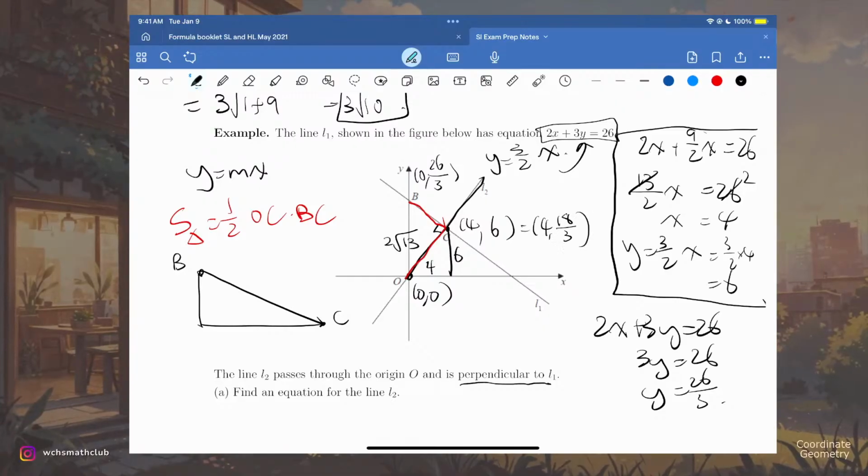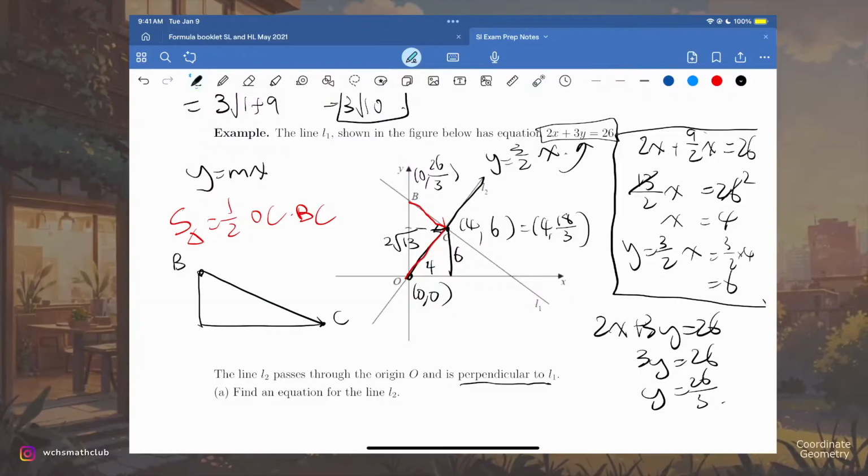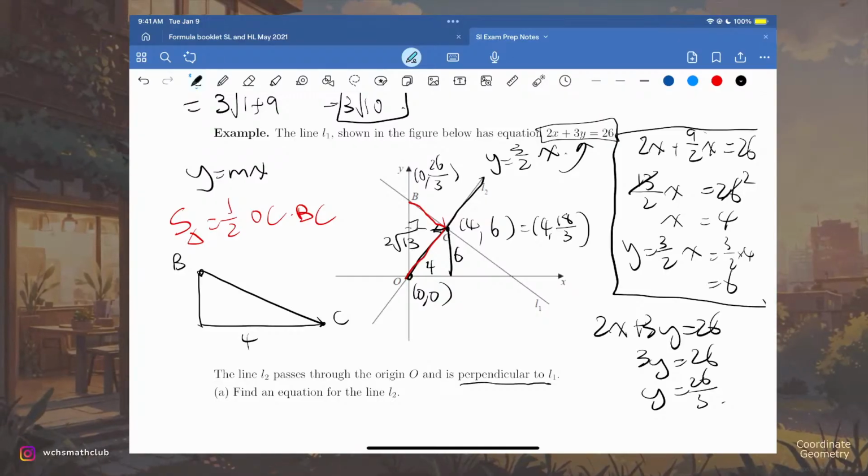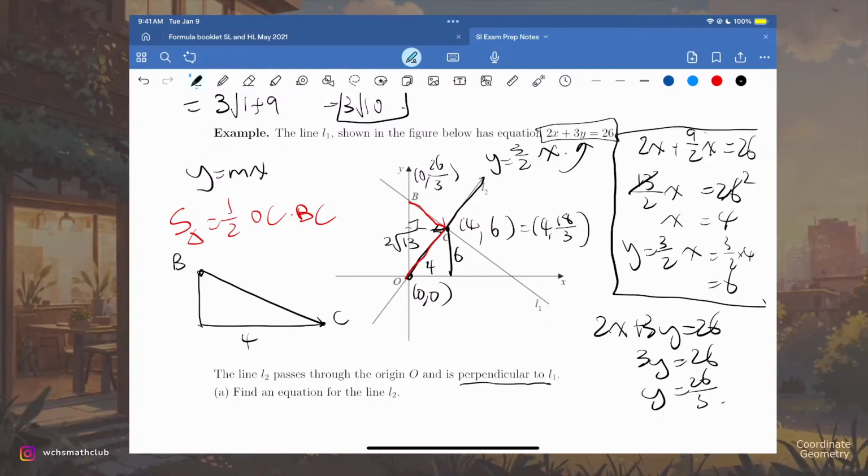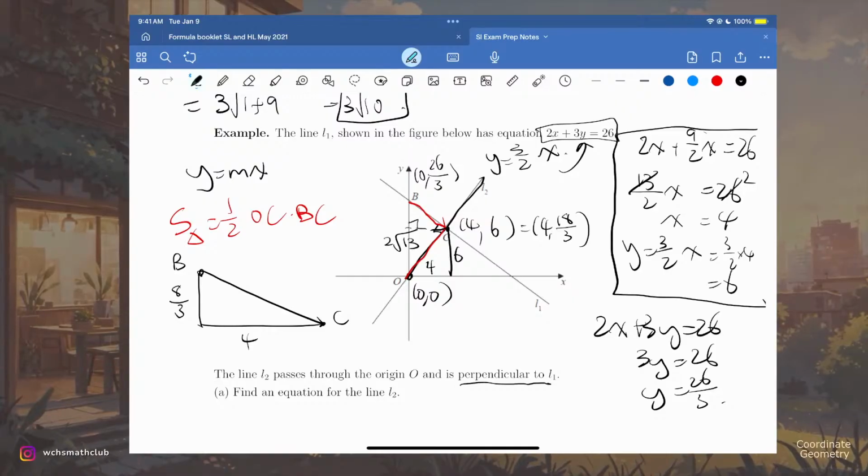If we draw this line, we find the change in x is 4 again, and the change in y is negative 8 over 3, but because we're doing distances, we can just use 8 over 3. And 4 is equal to 12 over 3.